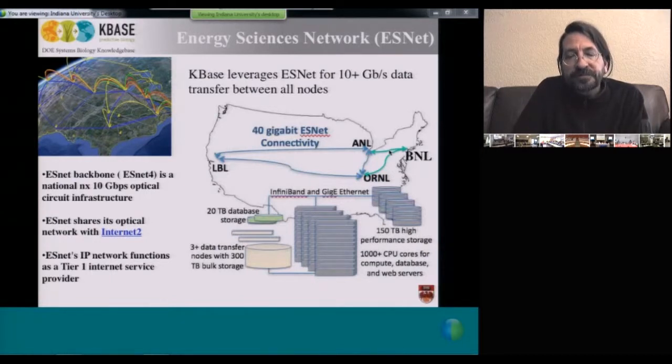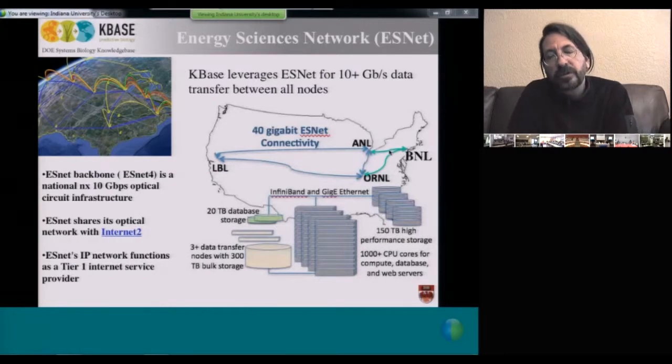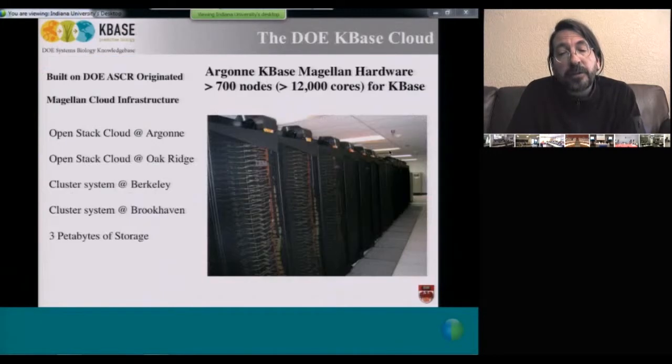The way we use the cloud is in several different ways. We use it for development, of course. KBase itself is oriented around a service-oriented architecture, which means that the functionality behind the APIs is implemented by a set of servers that expose a set of services, and those services are extensible, or elastic is probably the better word, in the sense that we can create multiple instances of them to have more throughput capacity.